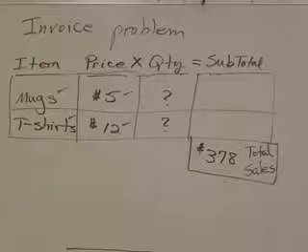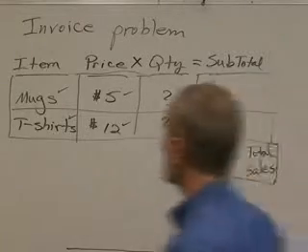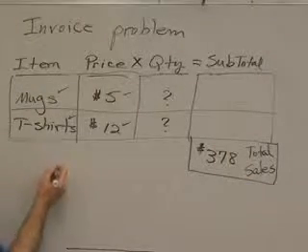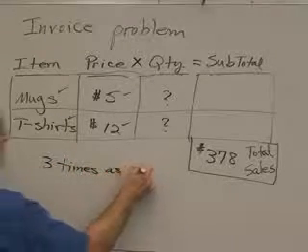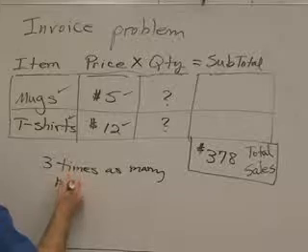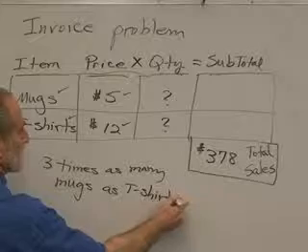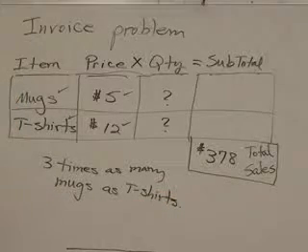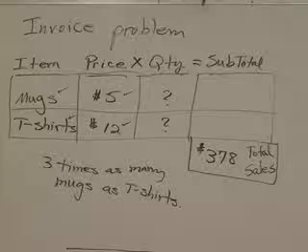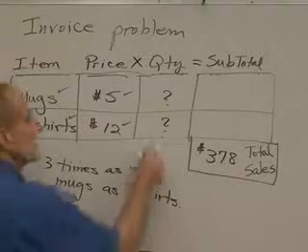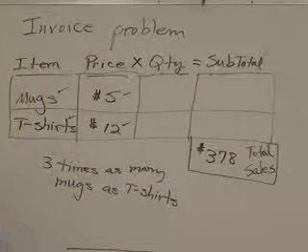Actually, forget about this problem. Let me do the mugs and t-shirts. What if we said Jolene sold 3 times as many mugs as t-shirts? What did she sell more of?